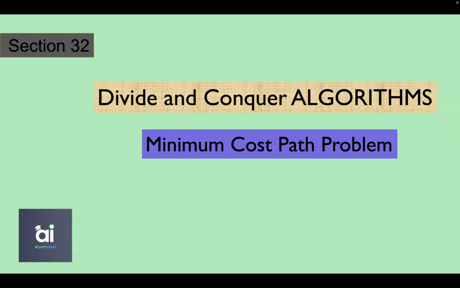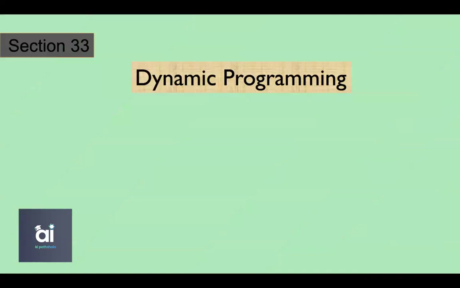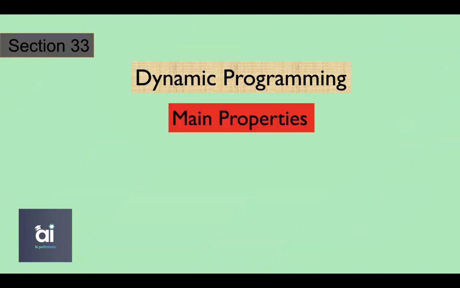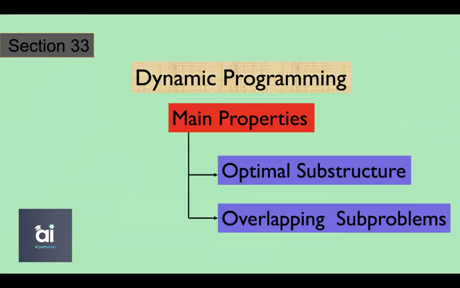And from here, we will continue to another very detailed section, which is called dynamic programming. I know many people are curious about learning dynamic programming. So here I will talk about main properties of dynamic programming, such as optimal substructure property and overlapping subproblems property.